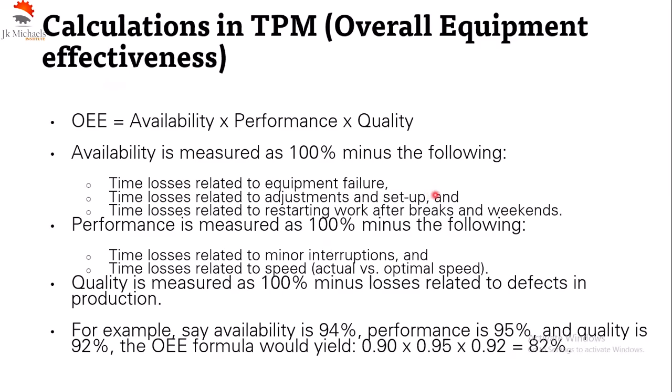Availability is 94%, so this isn't quite correct. This is 0.94 multiplied by 0.95 multiplied by 0.92, which will be 82% or 0.82.